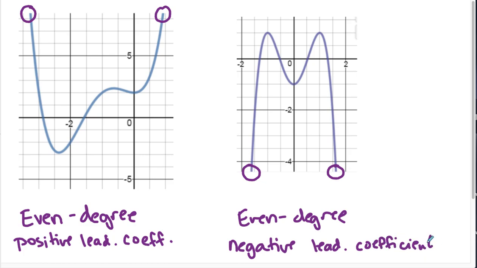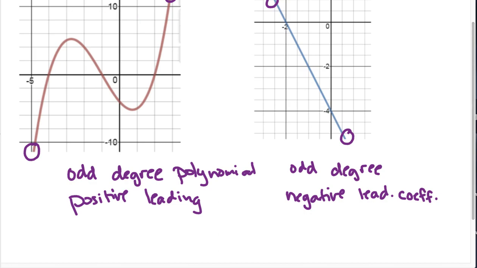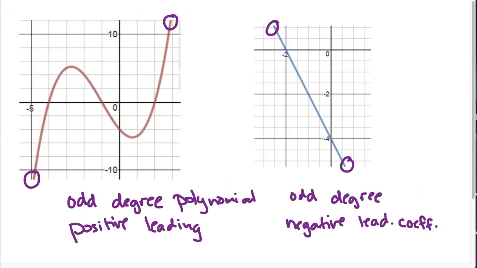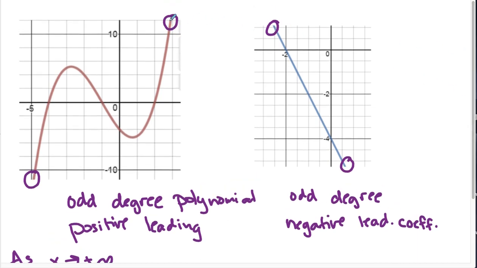Now let's talk about how to write and describe the end behavior properly. Here we want to use this language. As x approaches positive infinity, that means the right side. On the right side, this end behavior is going to positive infinity.